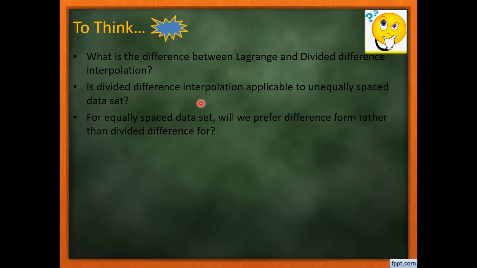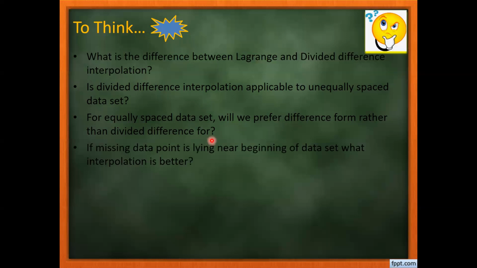For equally spaced datasets, will we prefer the difference form rather than the divided difference form? Yes, because as we discussed earlier, difference table construction is easier compared to the divided difference table. So it's preferable to use difference interpolation rather than divided difference interpolation.